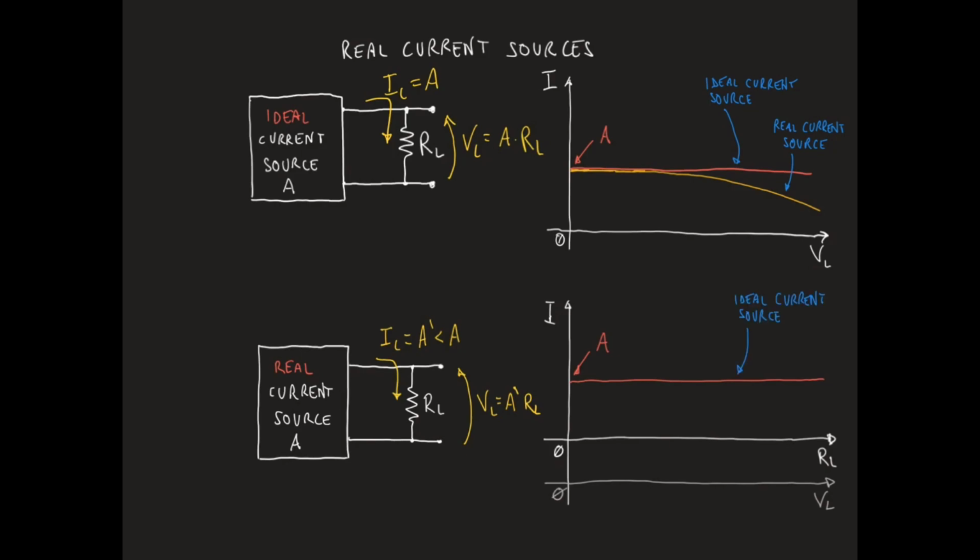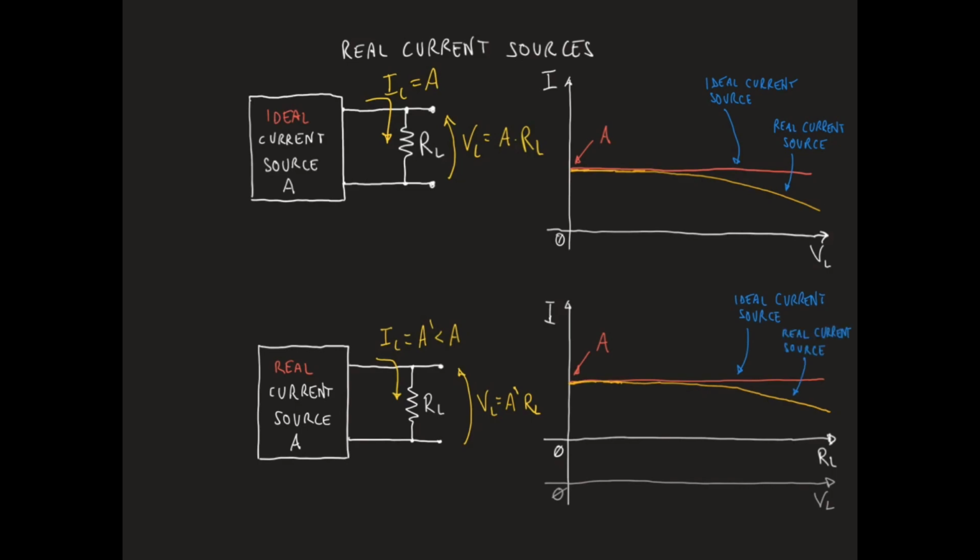In the case of the real current source, the value of the current will be very close to the current generated by the ideal current source for small values of the resistance RL, and then will decrease as the resistance increases.